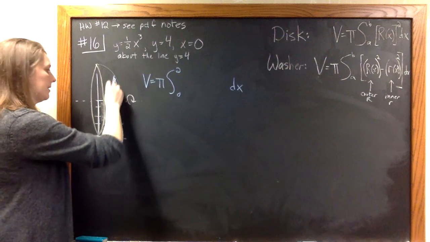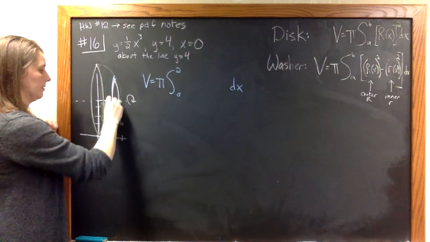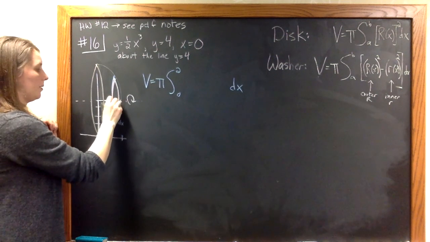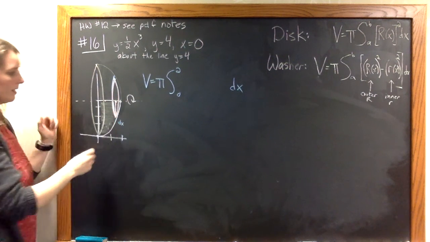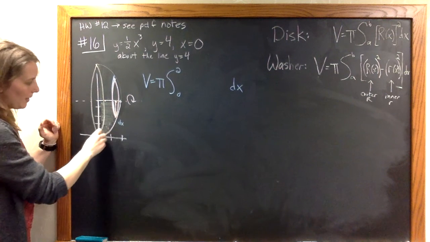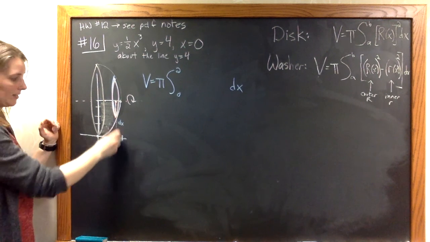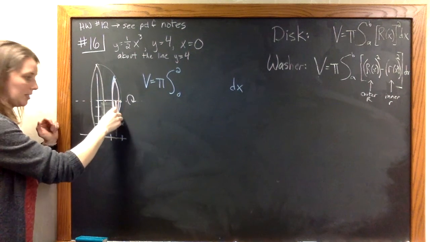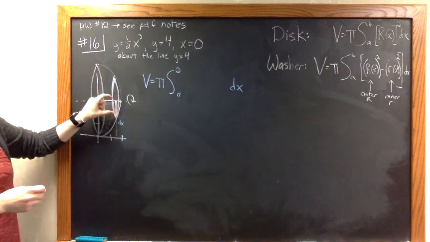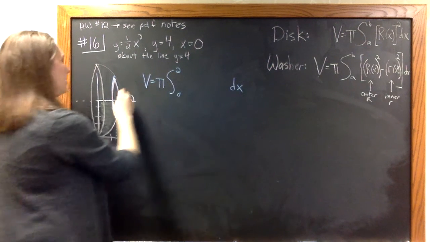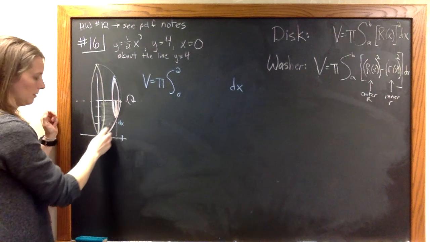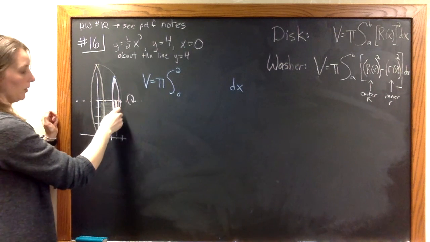So if we look at this disk that I've created, which is not fantastic, if I want to know this radius, yes, it is defined by this function, but this function gives us the y value here. It gives us this distance. We want this one. Okay, so in order to find this, what we need to do is take our function and subtract it from 4.